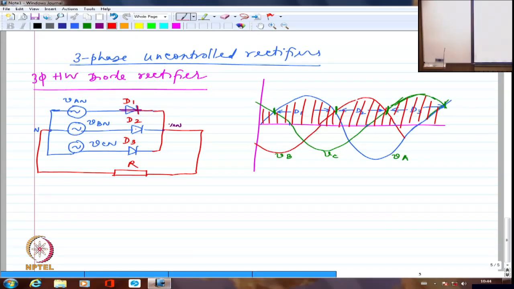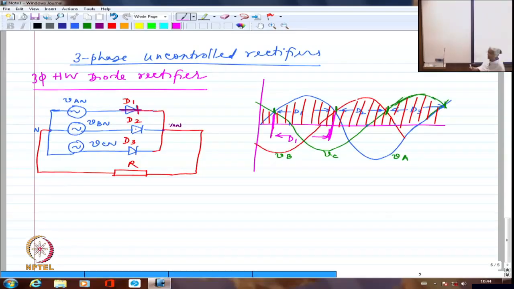VAN comes up for 120 degrees, VBN comes up for 120 degrees, VCN comes up for 120 degrees. So I have to essentially get the value of voltage by integrating from this point until this point. When I integrate between these 2 points, that's where D1 is conducting. If I integrate the voltage waveform for just 120 degrees, it is sufficient. I don't really have to integrate it for the entire duration.